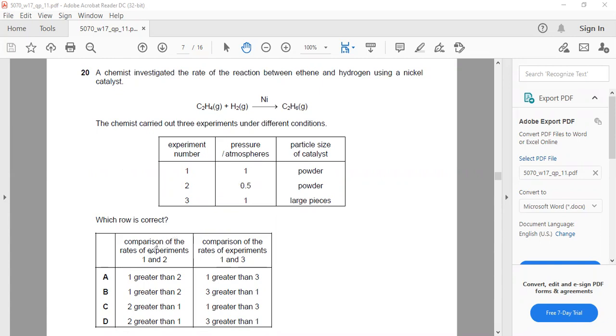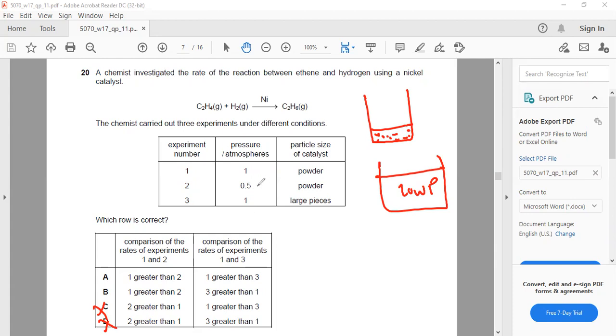So explanation of the rate of the reaction 1 and 2: 1 will be higher, C and D wrong. Because in 1 you have high pressure. More pressure means particles will be close to each other compared to low pressure. If particles are closer, they may collide effectively. More chances are there.